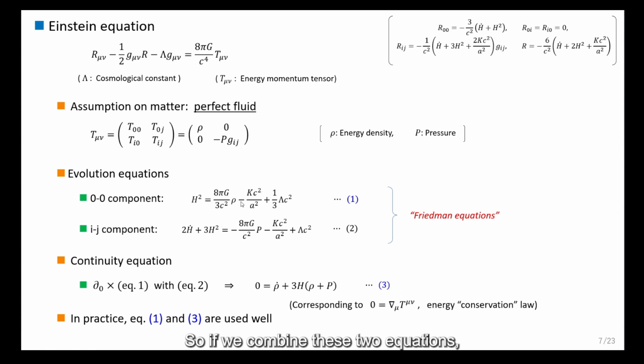If we combine these two equations, first you take the time derivative of equation 1, and also using the Hubble dot form, the derivative of this, then finally you can get this form of equation.